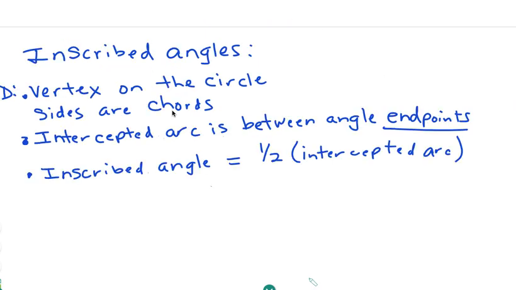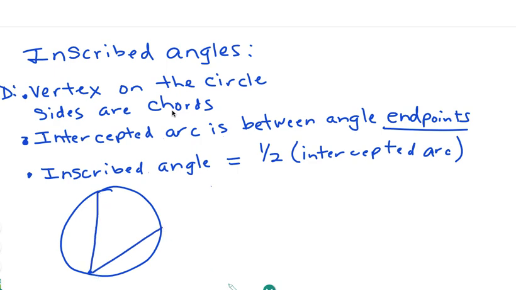So an inscribed angle is an angle whose vertex sits on the circle and its sides are made up of chords. The intersected arc is going to go from one end of the angle to the other end point, excuse me. And our inscribed angle is going to be half the distance of the arc.